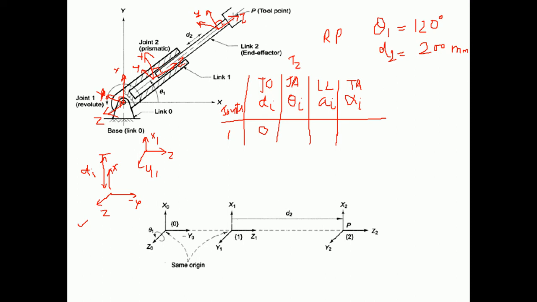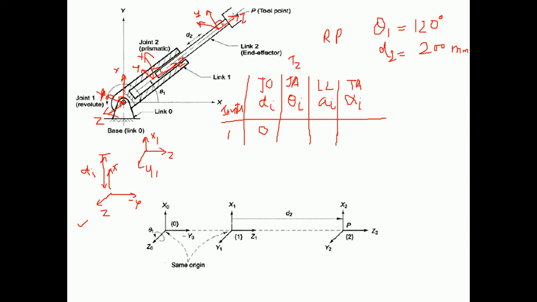So with respect to this, keeping in mind, we can see that this joint 1 and this link 1 and link 0 have a common axis about z. So what we have to do is make a rotation about z axis, and that is going to be represented over here by theta 1 in this diagram.